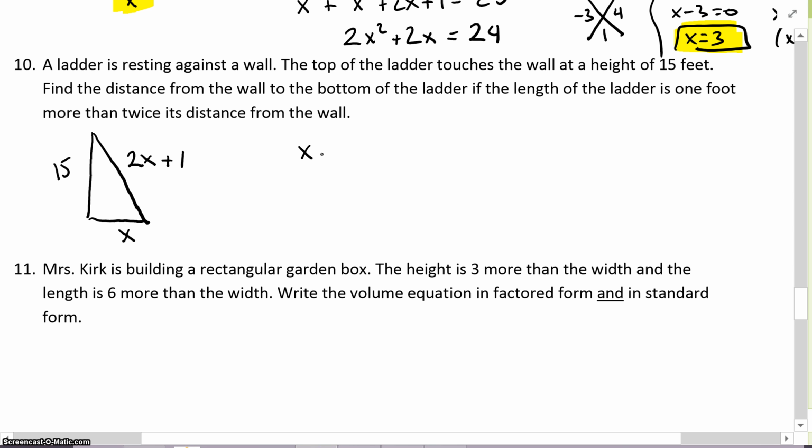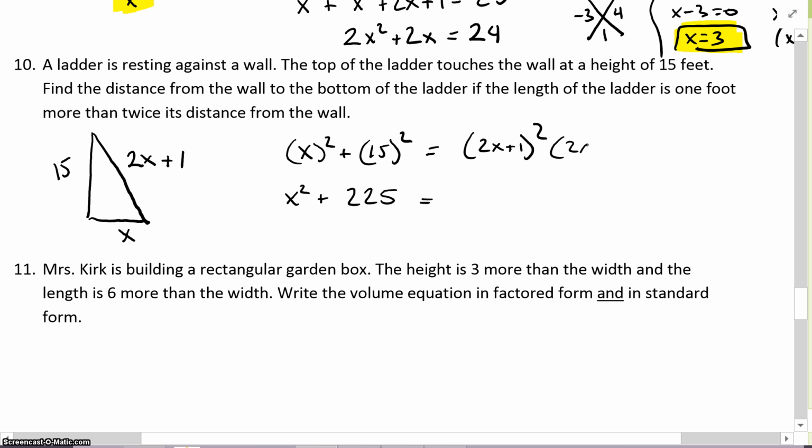So we know side squared plus side squared equals hypotenuse squared. So that's going to be x squared plus 15 times 15, which should be 225, equals, okay, let's distribute this.